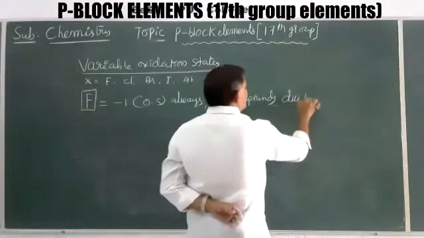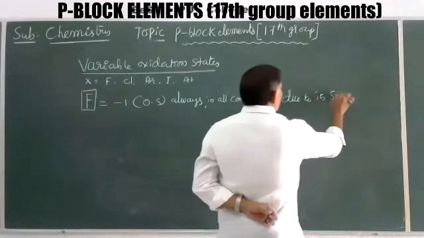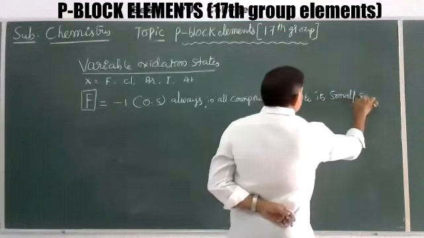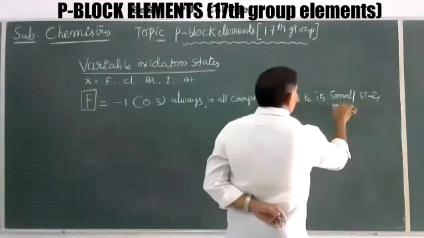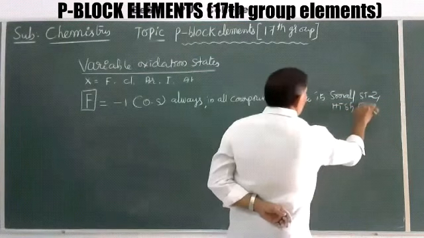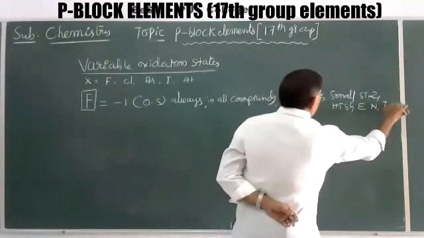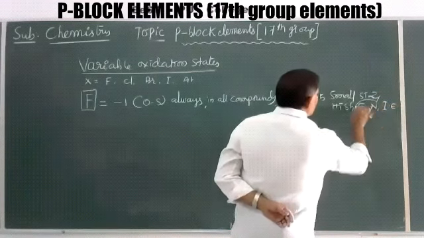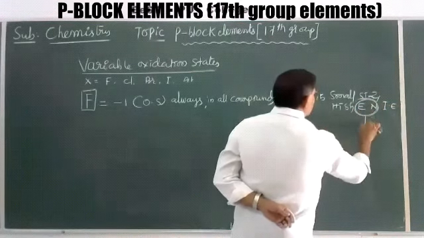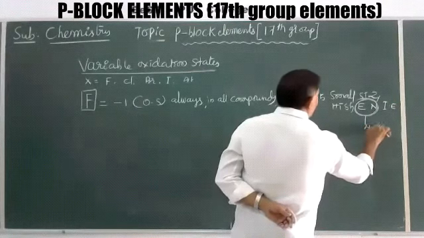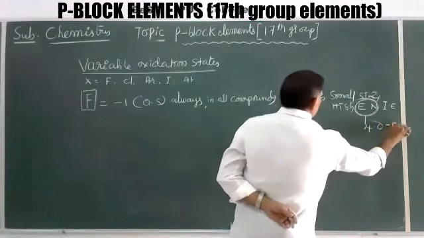That is due to its small size, high electronegativity and high ionization energy. Compared to all known elements, the highest electronegativity element is fluorine. Its value is 4.